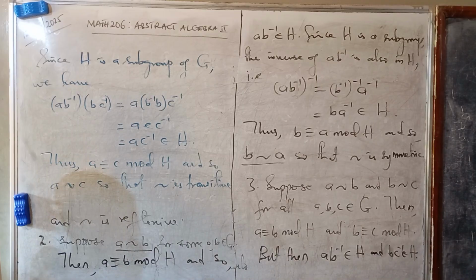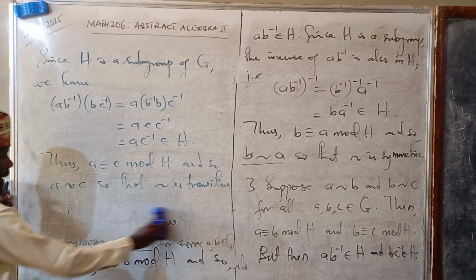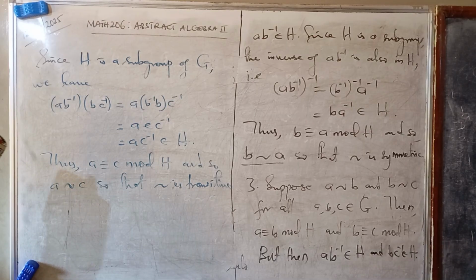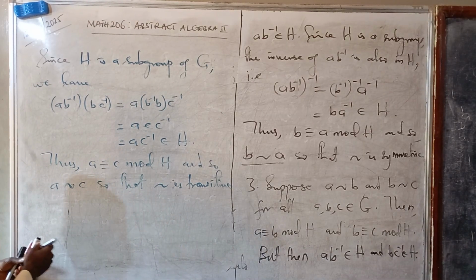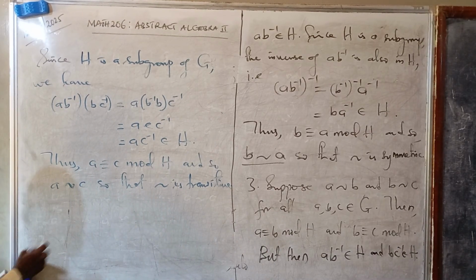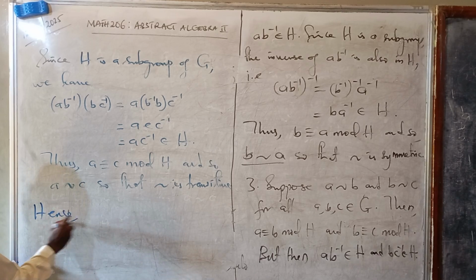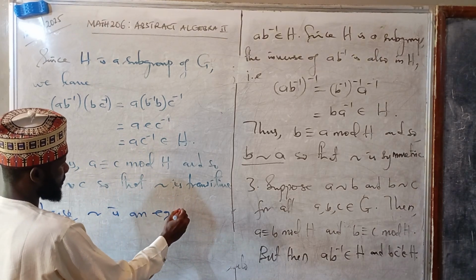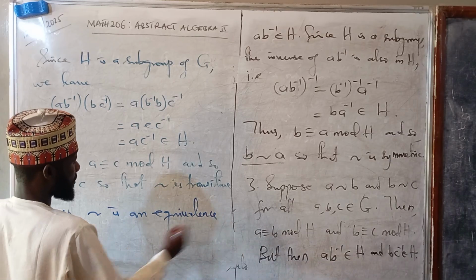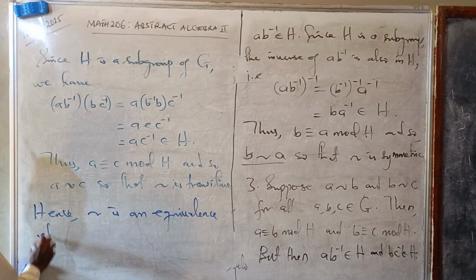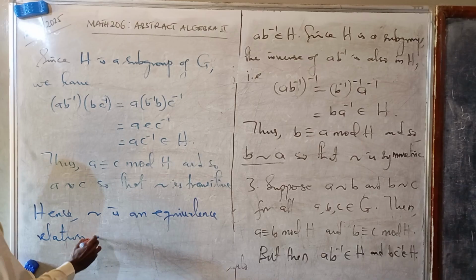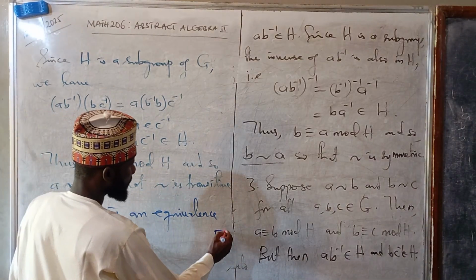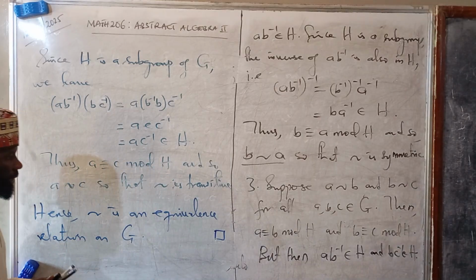That means this relation is an equivalence relation, and that is what we require for a relation to be an equivalence relation. So hence, tilde is an equivalence relation on the group G. We have proved that it is an equivalence relation.